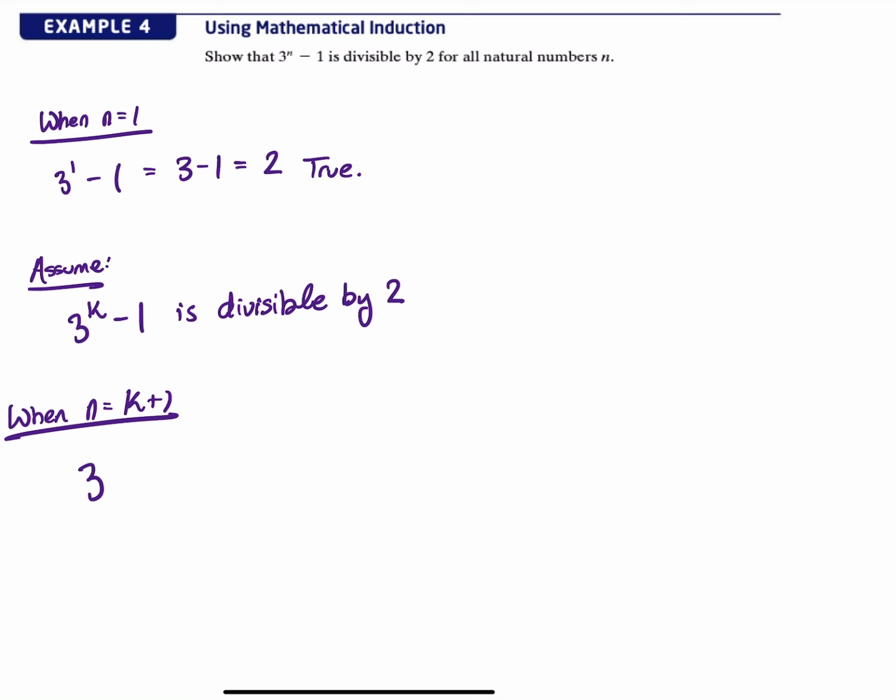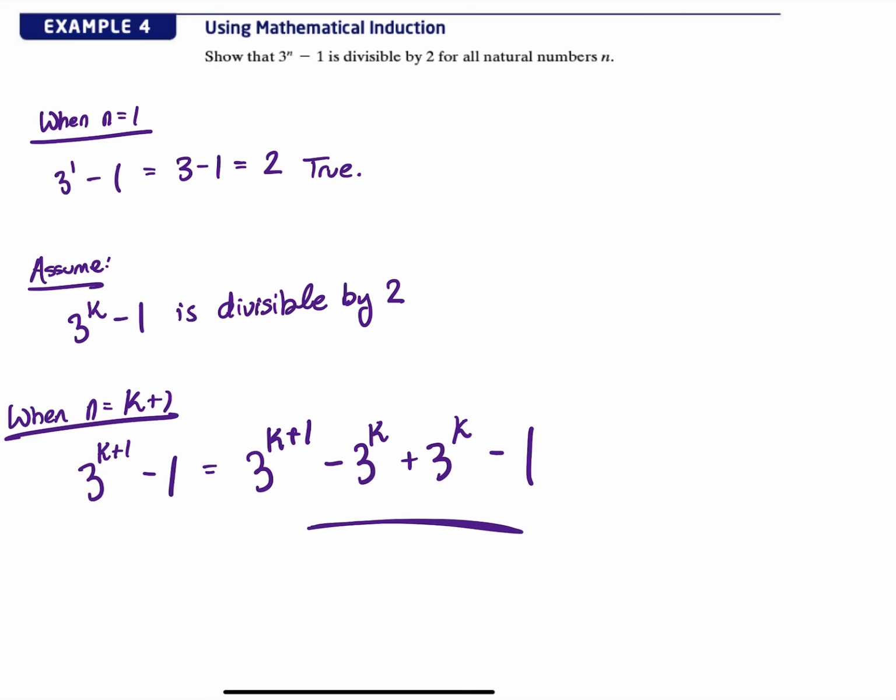So we'll have 3 to the power k plus 1 minus 1. It would take some time playing around with this, but the trick is to add and subtract, so let's subtract 3 to the power k and add 3 to the power k, and then we still have the minus 1. This seems a bit weird, but we haven't changed anything because we added and subtracted the same term.